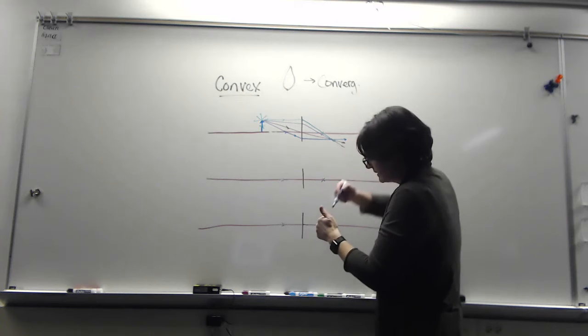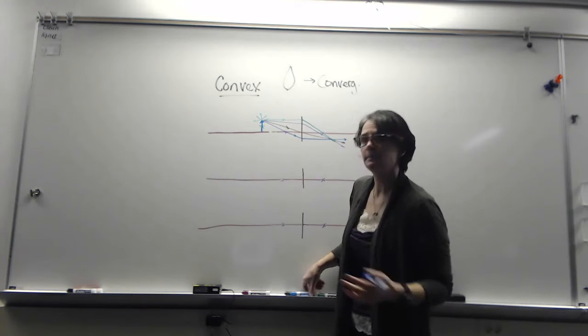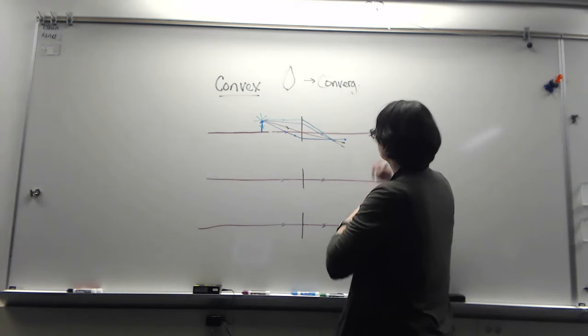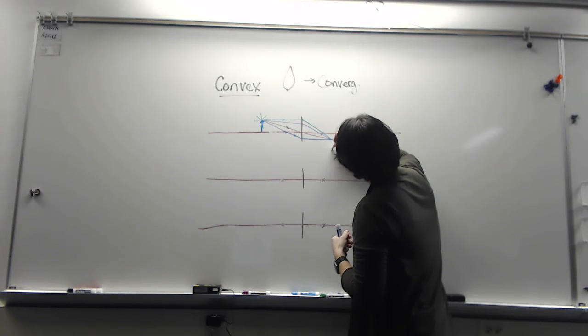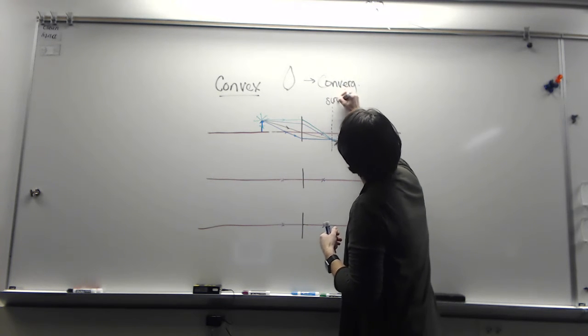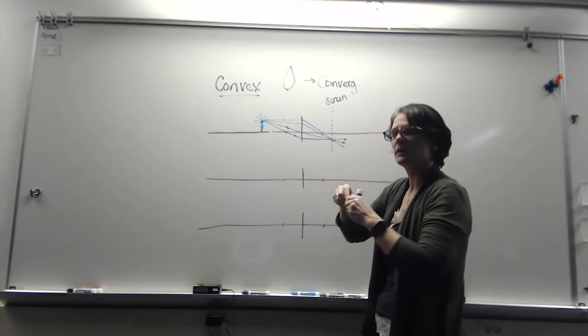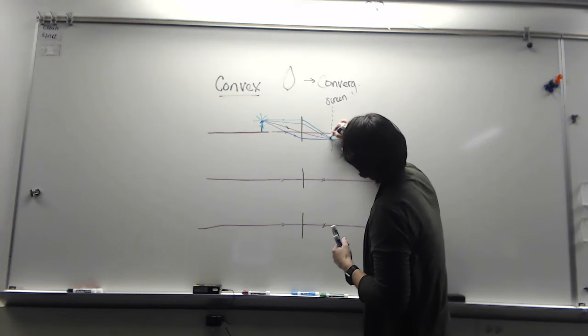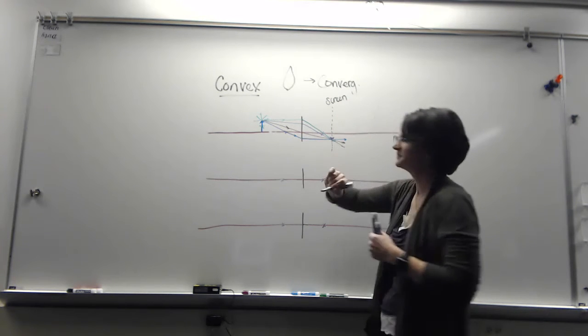Okay. So if I were to put my film or my retina or a screen at this location, then I will get a reproduction of the tip of the arrow at that location.